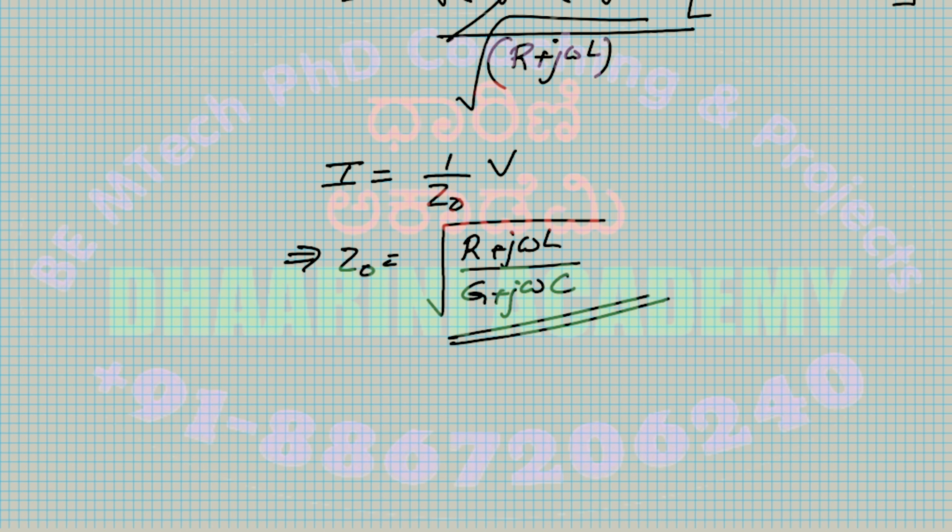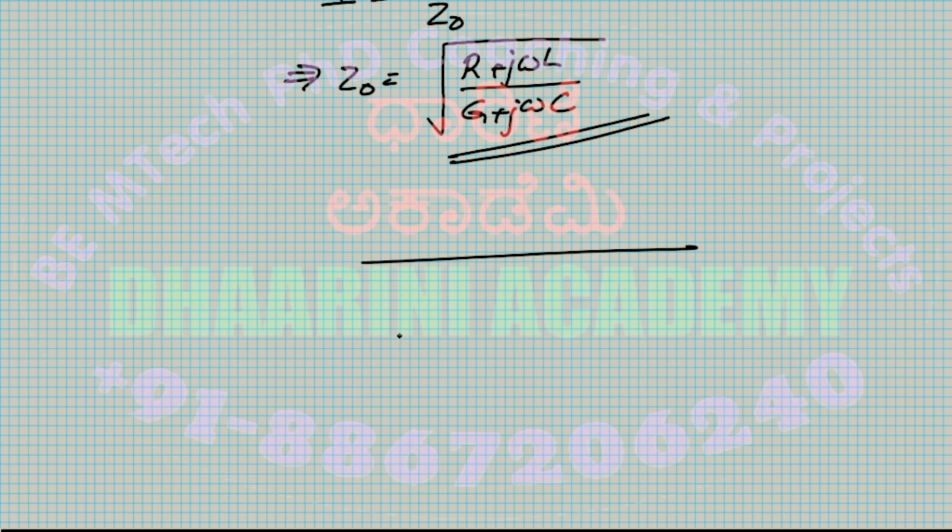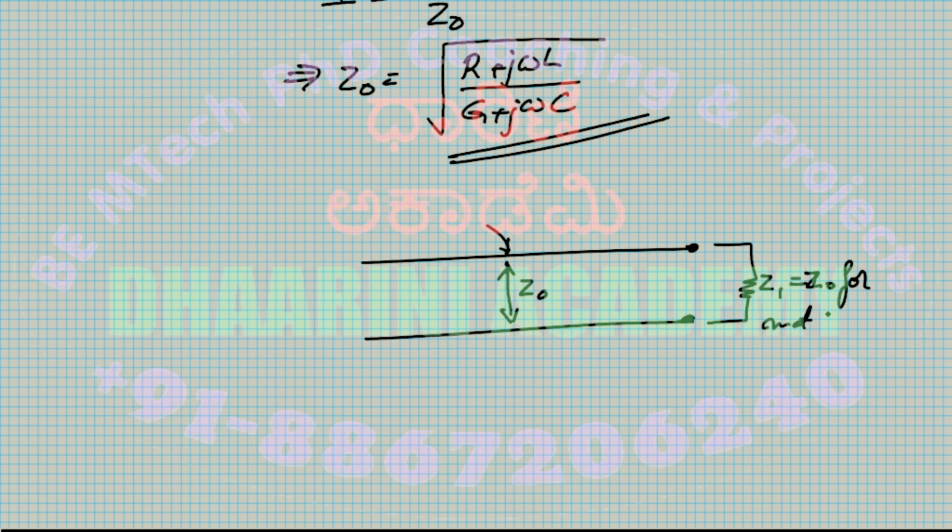It gives you an idea of what the load that you need to connect should be, because I have a transmission line, so at any point you measure, there is a Z naught. Even at the end, if you want to match this, the ZL should be equal to Z naught, for matched impedance.